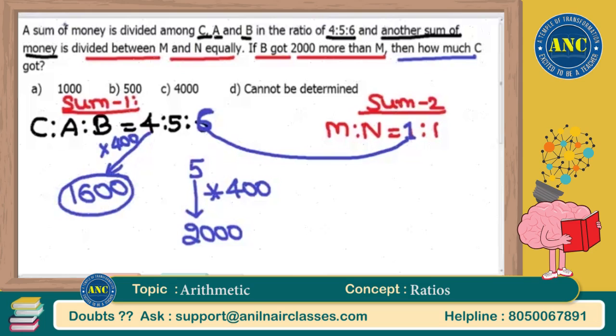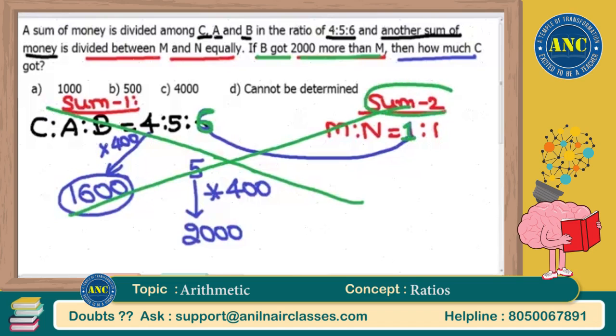Students will tend to make this mistake and get the answer as 1600, which is incorrect. Why is it incorrect? For the simple reason that you are comparing B and M. B and M cannot be compared with respect to ratios because they both have different sums. The principal amount in both cases is different because in the question it is given as another sum of money.